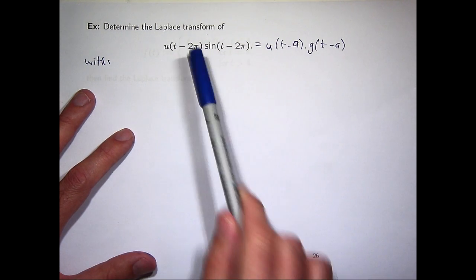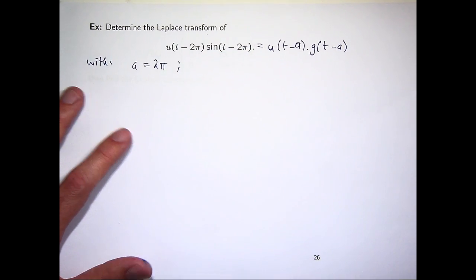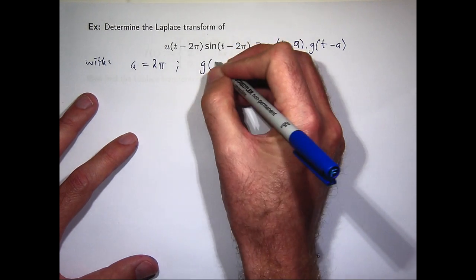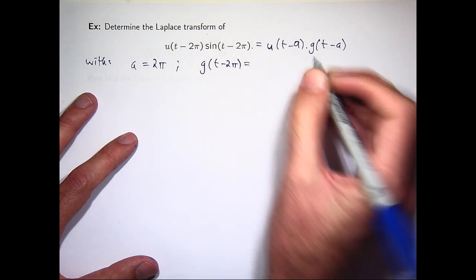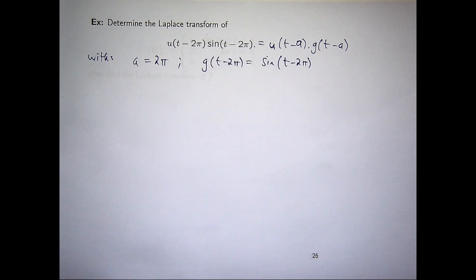We would expect a to be positive 2 pi, and g of t minus 2 pi to be this. So what would little g of t be? Sine t. Sine t.